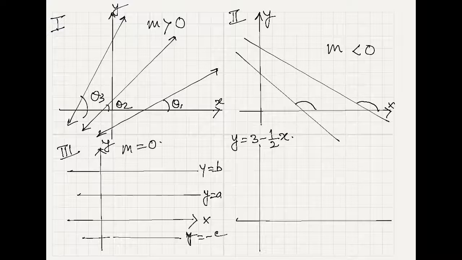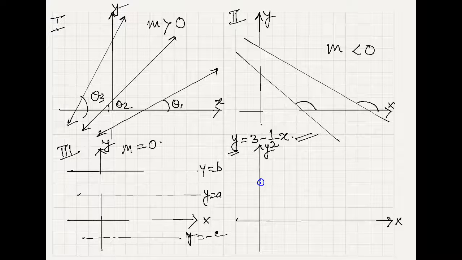If we take x equals 0, we find that y equals 3. So the line cuts the y-axis at this point, the y-intercept. Now for the x-axis intercept, we have to consider y equals 0. When y equals 0, we find that x is 6.